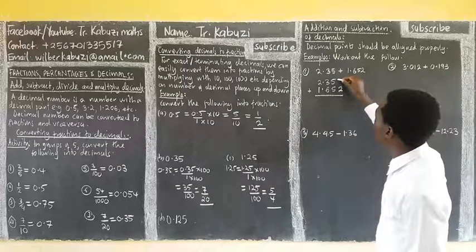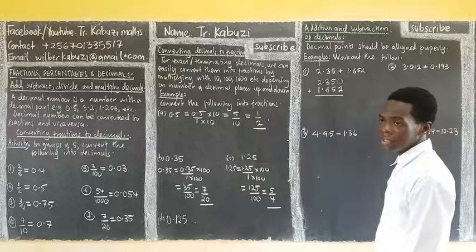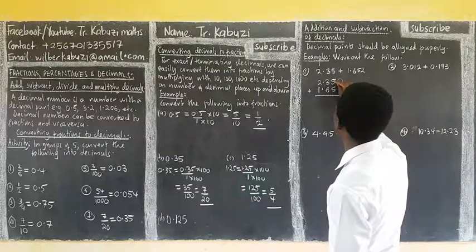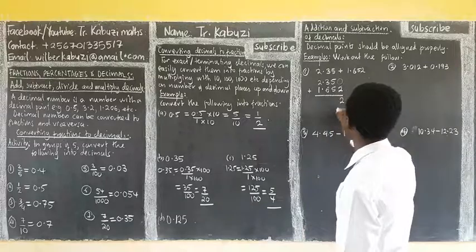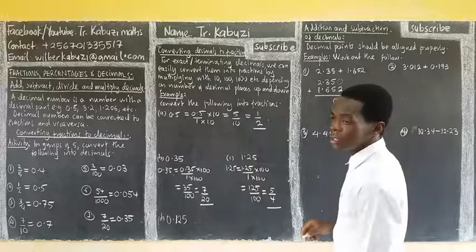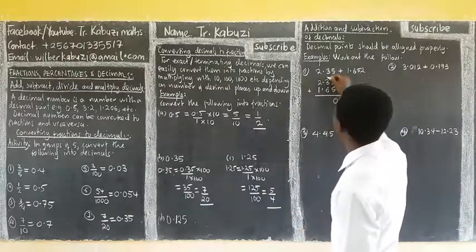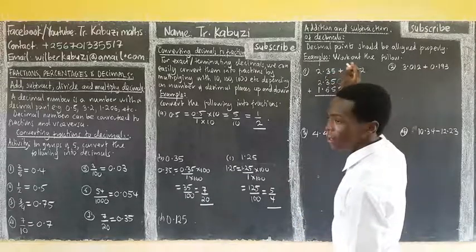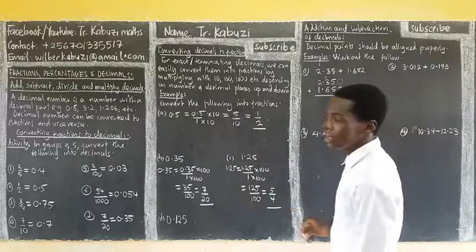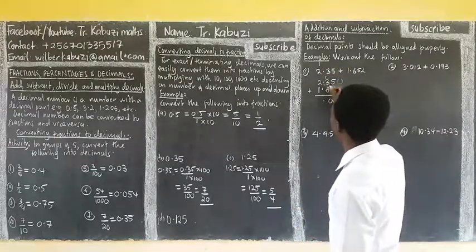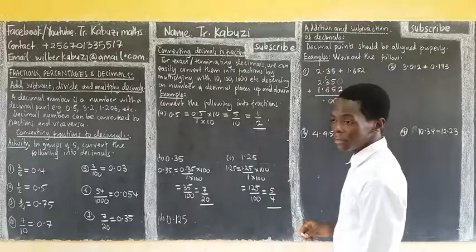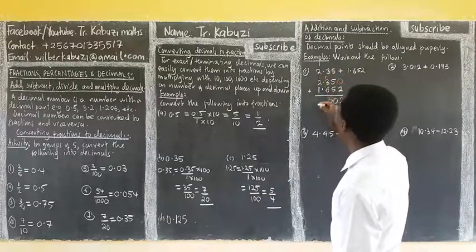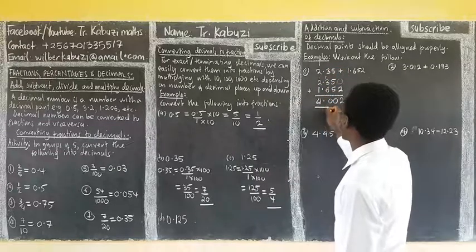We just add a 0, like that. Then we add 0 plus 2, we get 2. 5 plus 5, we get 10. So we write 0 and then we carry 1. 1 plus 3, 4, plus 6, 10. We write 0, we carry a 1. Then 1 plus 2, 3 plus 1, 4. And that will be our answer.